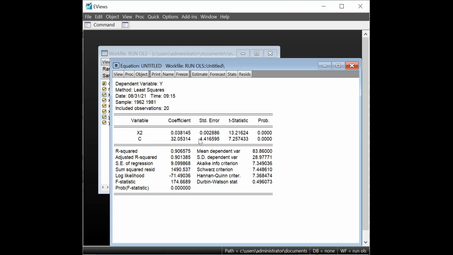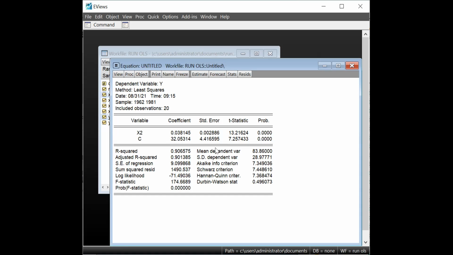This is B1, the constant, 32 point something, and this is the coefficient beta 2 of x2, 0.03 something. This one is the standard error.